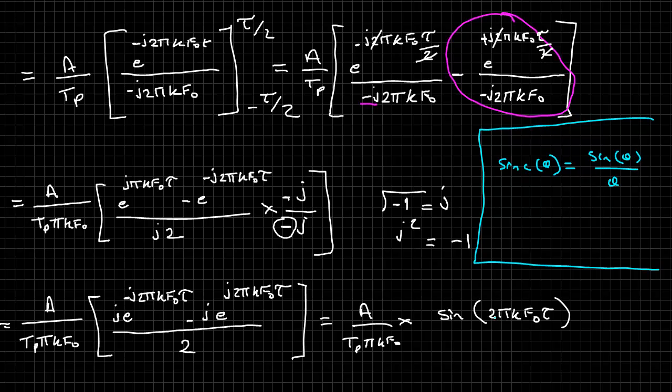Okay, so this is the form we want to get to, but let's just double check if you've got everything correct. And I think we'll do that on the next video.